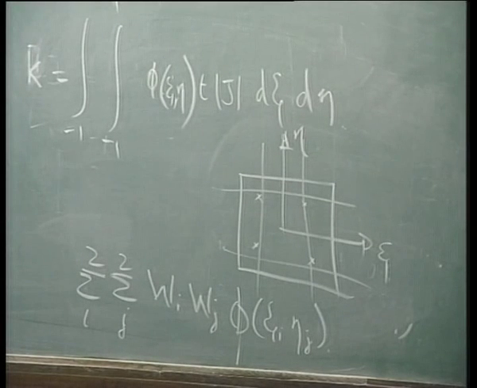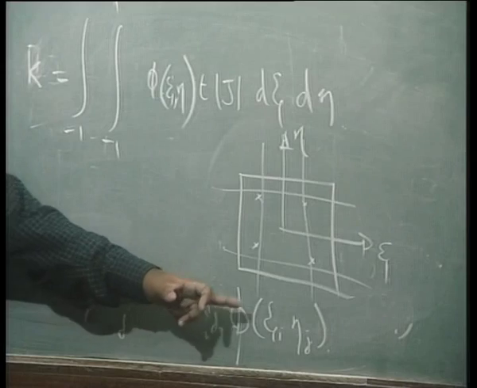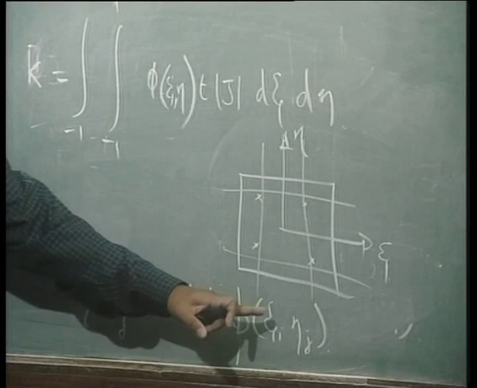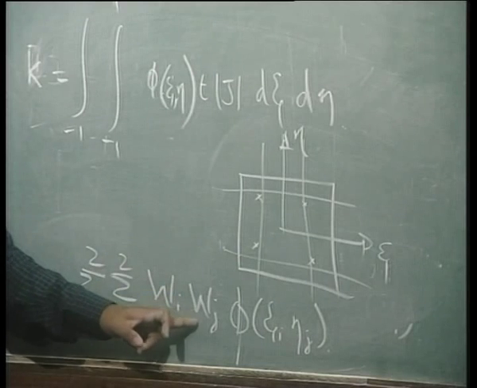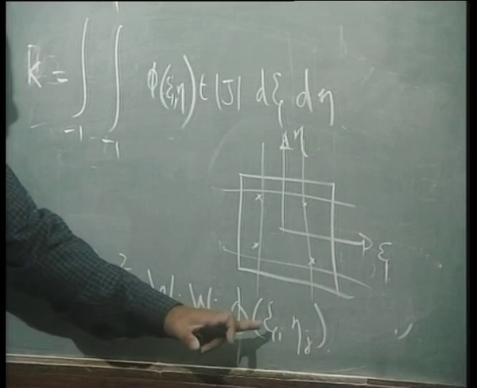So I will have now 4 points, or in other words w1 into w1 into phi calculated at psi 1 eta 1, then w1 w2 phi calculated at psi 1 eta 2.